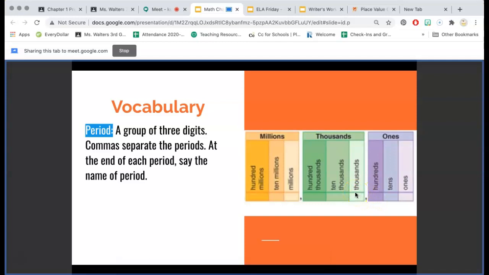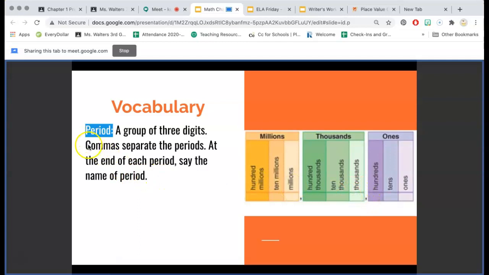And then we have the thousands, 10,000s, and 100,000s. And that's in the thousands period. And then we have millions, 10 millions, and 100 millions, and that's in the millions period. So each period is a group of 3 place value places separated by a comma.